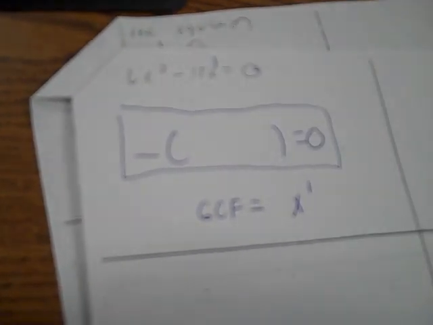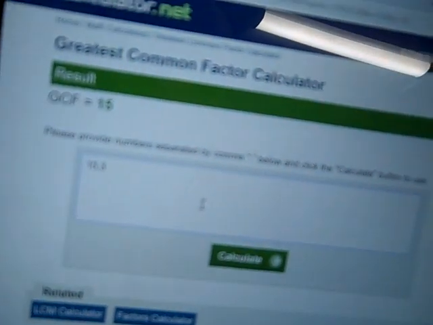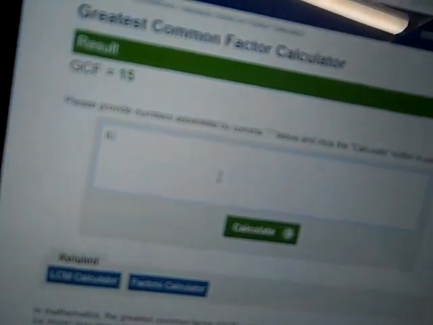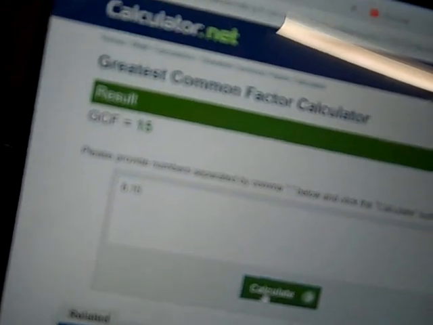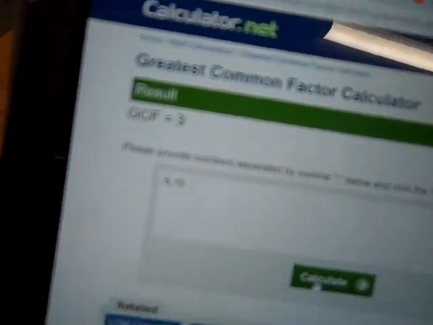Then we have x2 and x1, so x1. And then on the GCF calculator, we go 6 and pair that with 15 and see what they can both divide by, and that would be 3. Okay, so 3x to the 1 gets factored out.